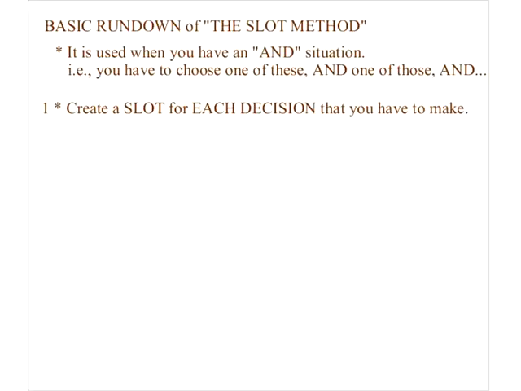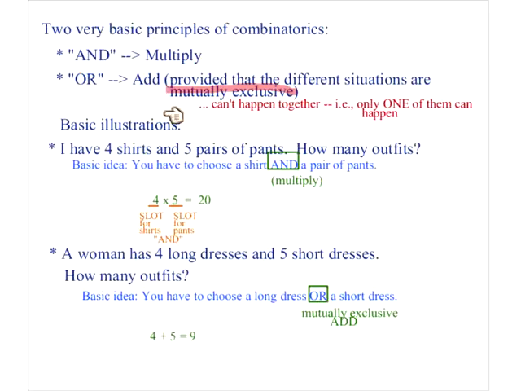In this problem, which was again extremely basic, we have 2 decisions to make. We have to pick a shirt out of those 4. Then we have to pick a pair of pants out of those 5. And then of those, there are 4 and 5. We fill in the slots.